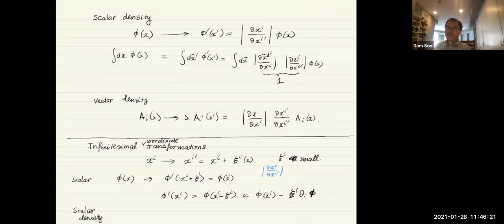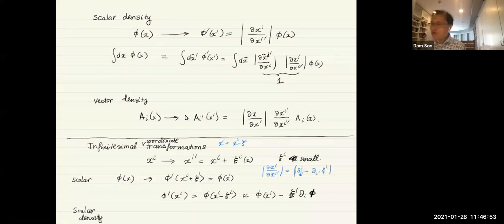They are close to each other, and it's a matrix that is almost like the δ^i_j matrix minus ∂_j ξ^i.